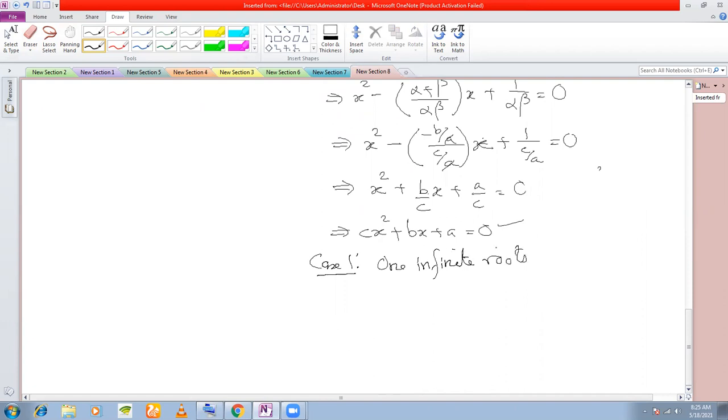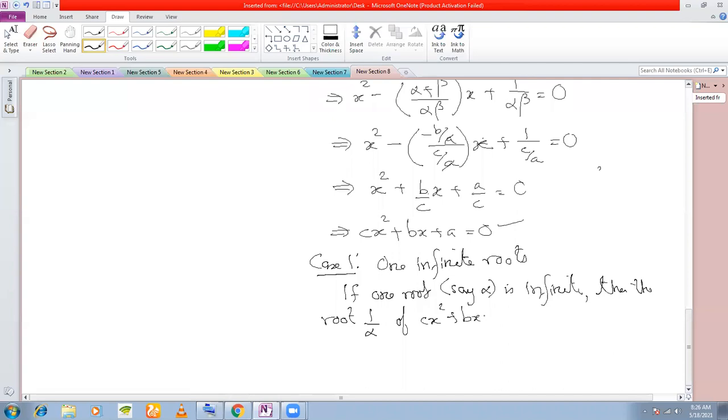In this case, if one root, let's say alpha, is infinite, then the root 1 by alpha of cx square plus bx plus a must be equal to 0, isn't it?